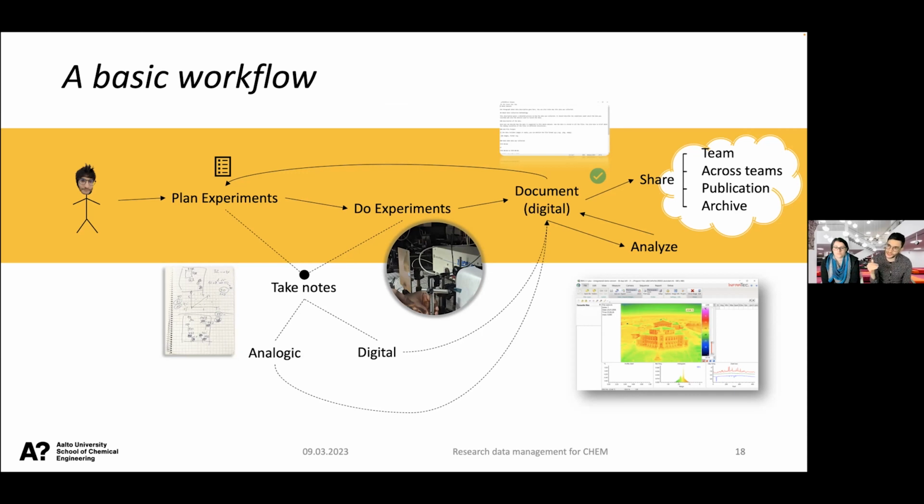And this is not as tedious as it might sound, because if you do the same experiment every time, you might have a section of text you can use in a template, from the equipment name to what the standard procedure is. You don't need to write this every time, but you can copy from one document to another, and this saves time and avoids people looking for what the data sets were.